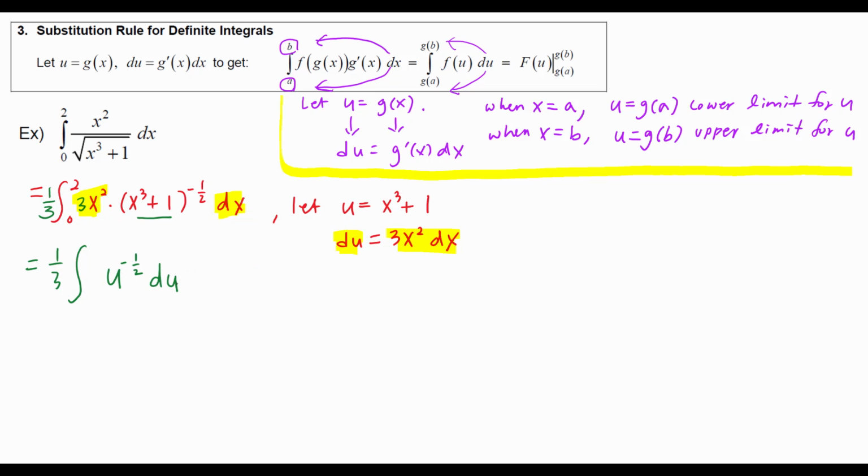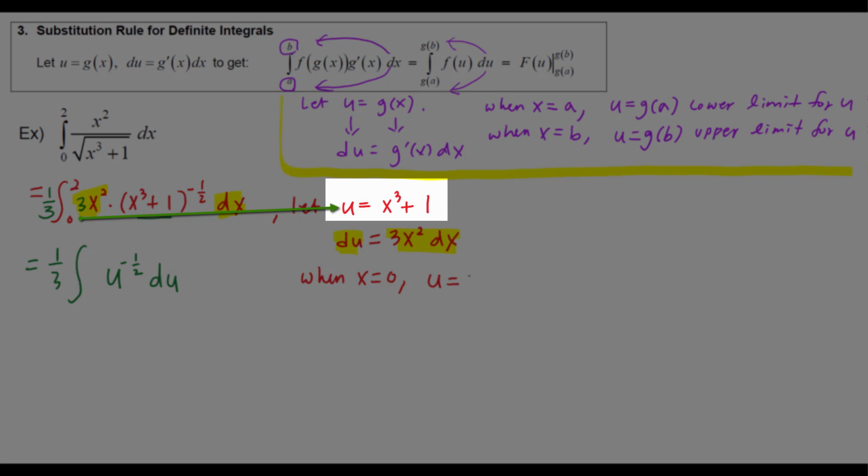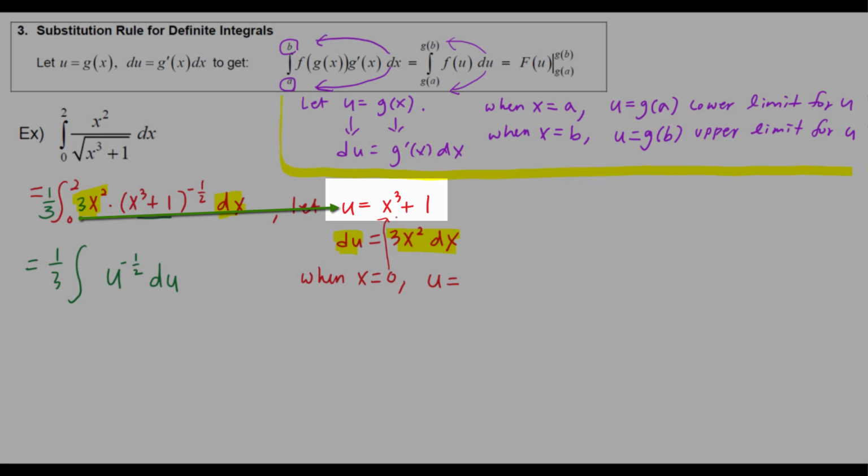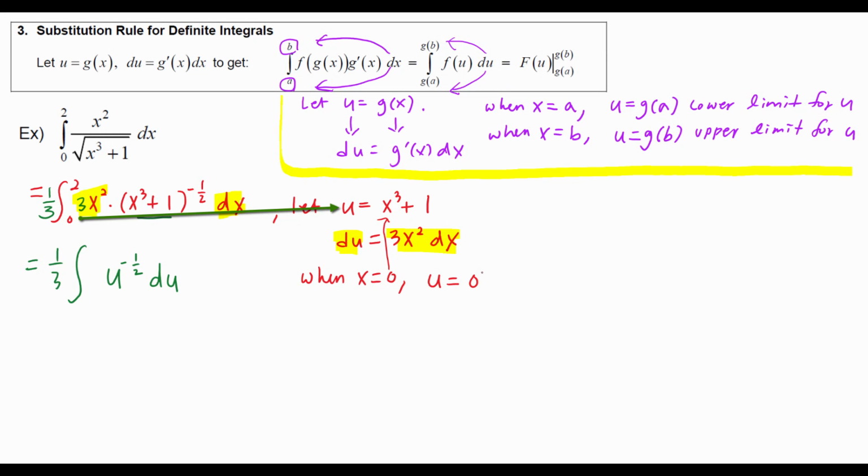And because this is now in terms of u, I would like to change my limits of x to limits for u. So the lower limit of u is when x equals 0. You can plug that 0 here to find out what u has to be. So that will be 0 cubed plus 1, which is 1.